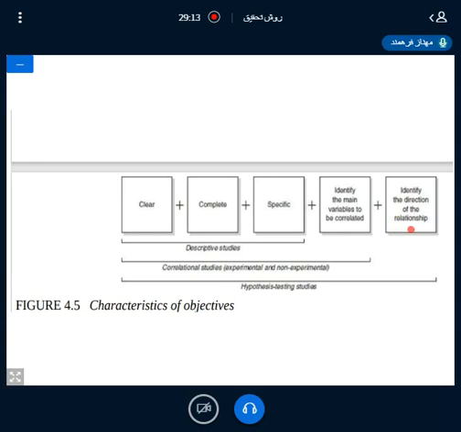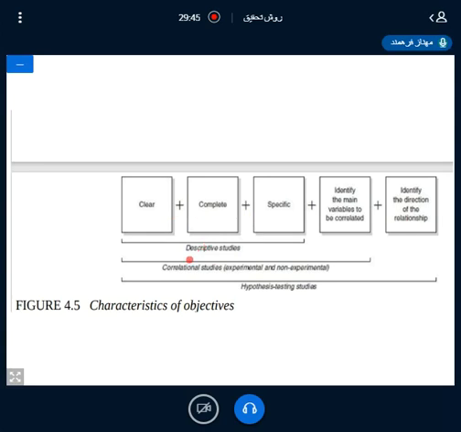The plus between these characteristics means that all of these characteristics must be included in the objectives. So please notice: clear, complete, specific, identify the main variables to be correlated, and identify the direction of relationship.